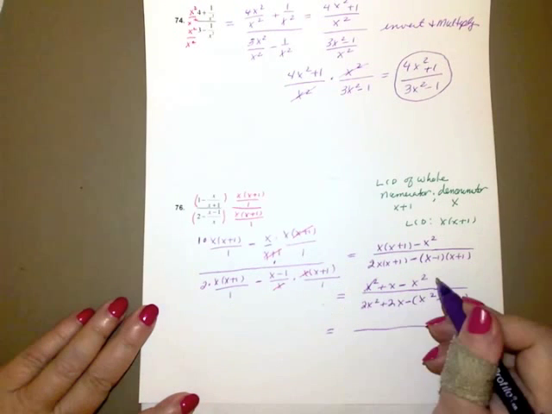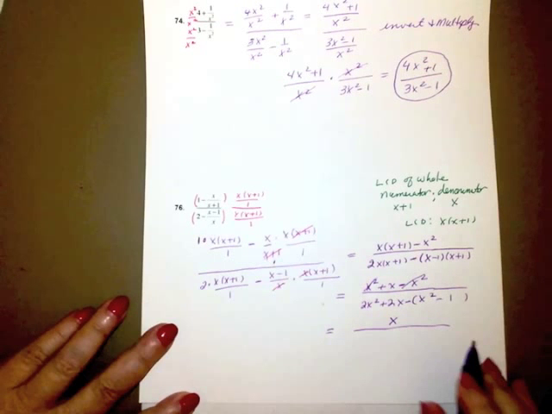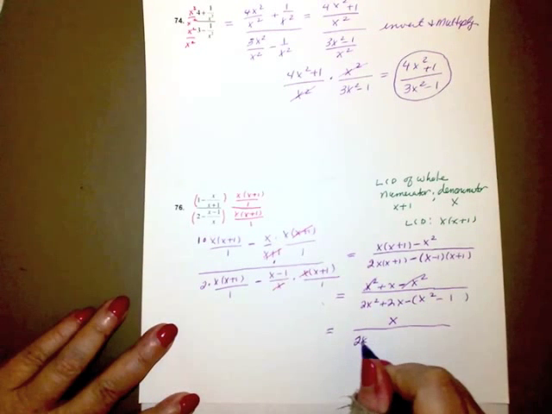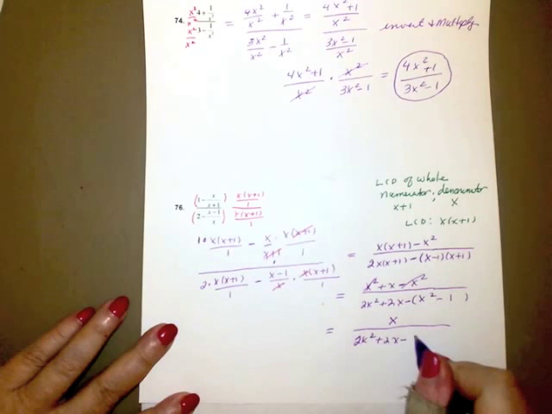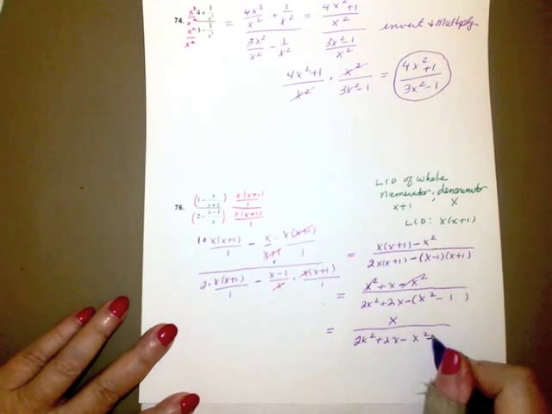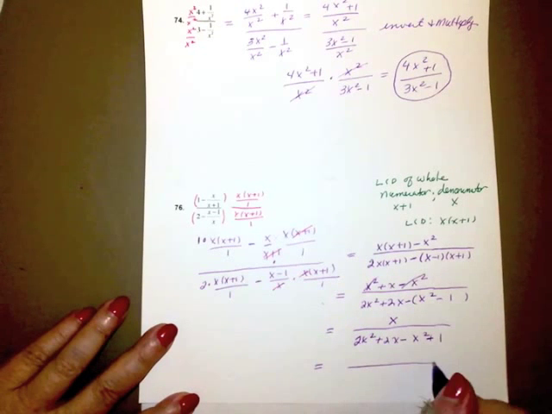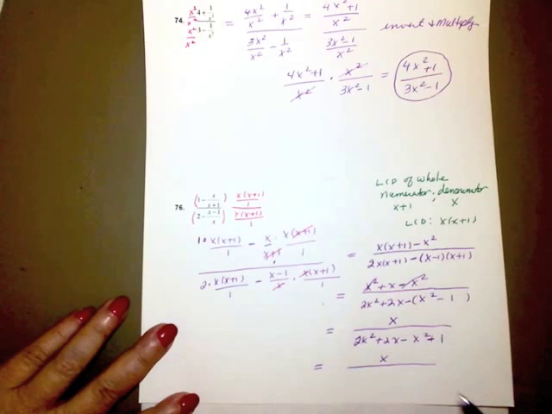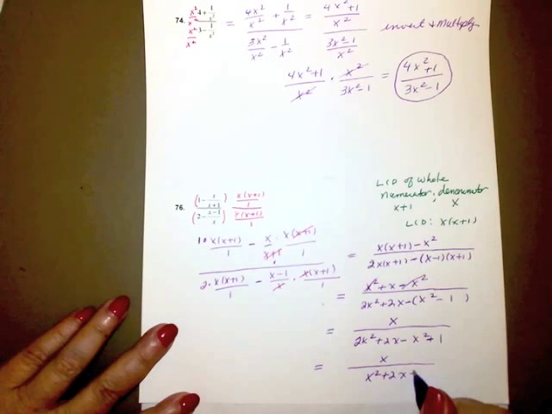The x squared terms here add to 0, so I get an x in the numerator. Denominator, I have 2x squared plus 2x minus x squared plus 1, or x over 2x squared minus x squared is just x squared plus 2x plus 1.